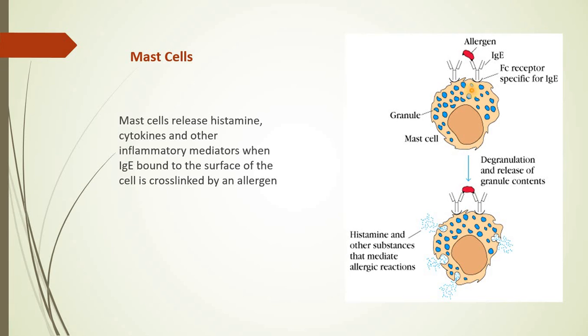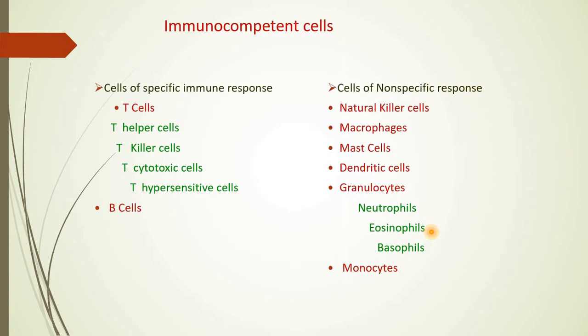Histamine is released only when IgE molecules cross-link with an allergen, and this cross-linking stimulates the cell to release the granules, that is histamine, which brings about the allergic response in the organism, right? The allergen could be any dust particle, pollen grains, animal dander, and so on.